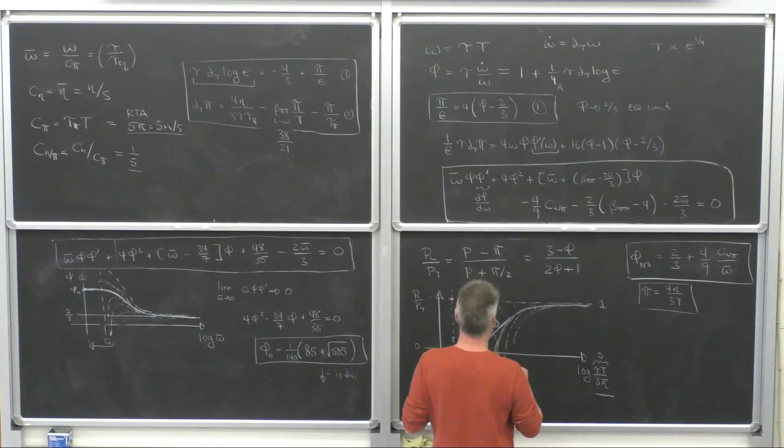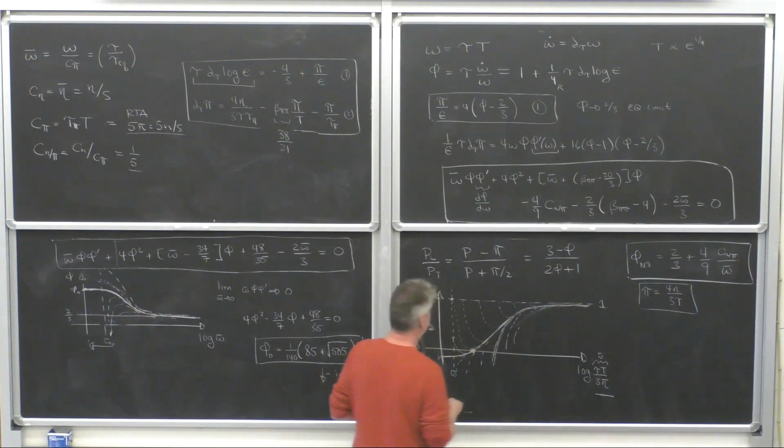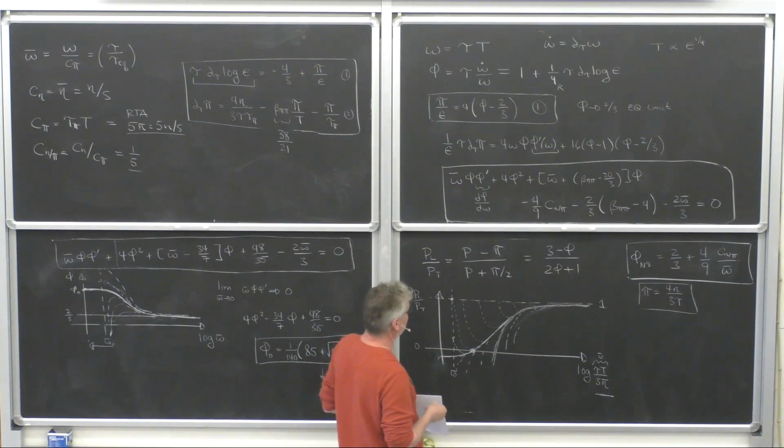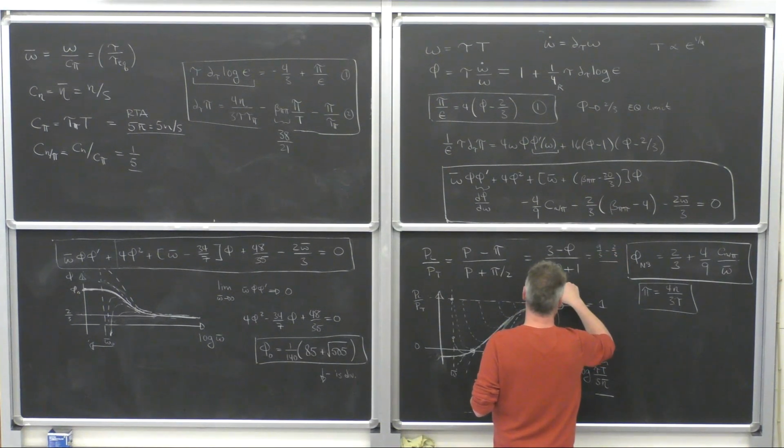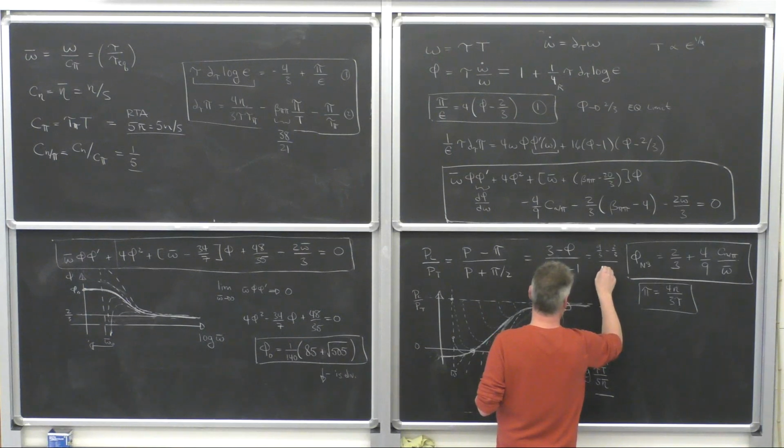We can try to, let's see, does it work now? This becomes 4/3, right? Wait a minute, this is 9/3 minus 2/3, which is 7/3. Now it's 8/3.